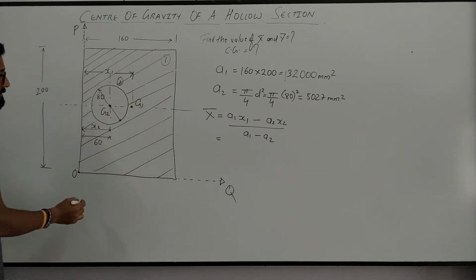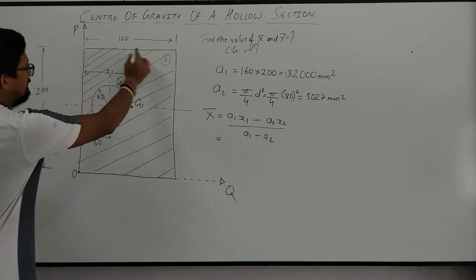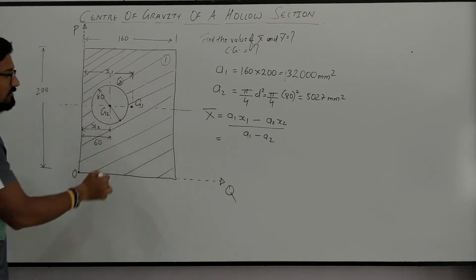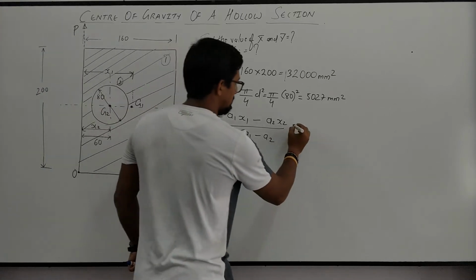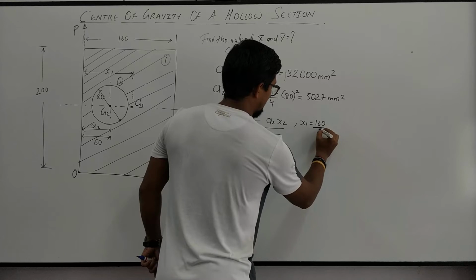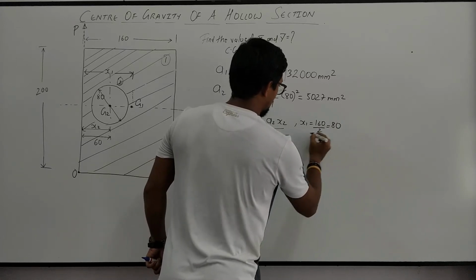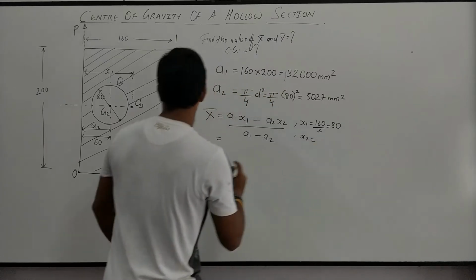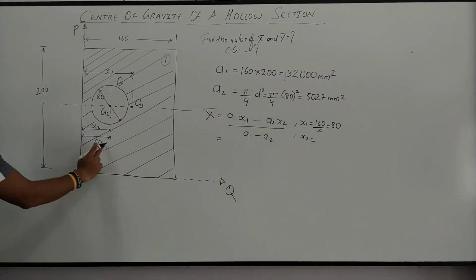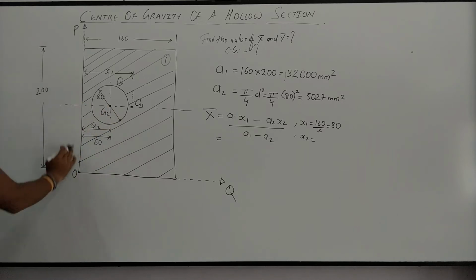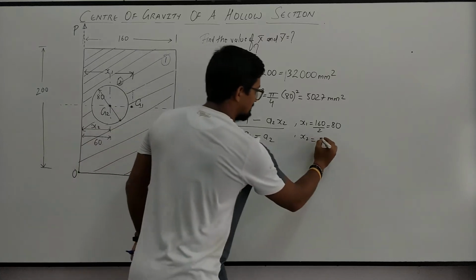So x1 will be 160 divided by 2, which is equal to 80 mm, and x2 is given as 60 already, correct? The distance of the CG from the vertical reference axis OP is 60.